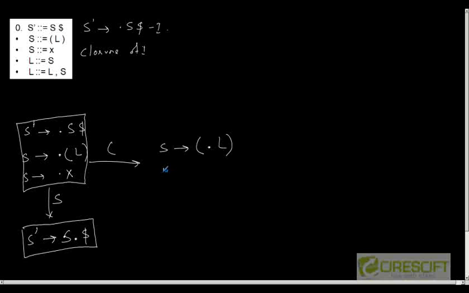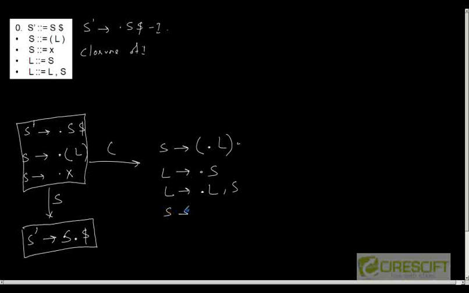So L → .S and L → .L,S will also be present in the closure of this item. Since L → .S is present, all the other rules where S is the LHS of the production will contribute their first item.